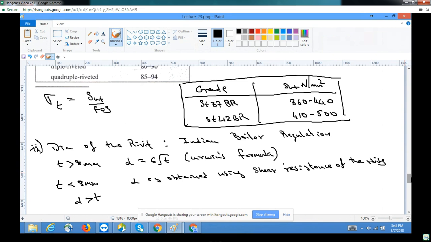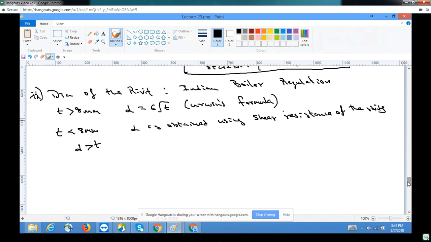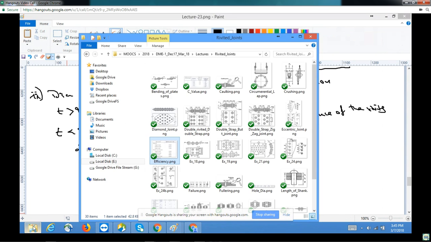This is the diameter of the rivet, but the diameter of the hole and the diameter of the rivet have certain criteria that have to be met. Those are tabulated here, which will give it to you.